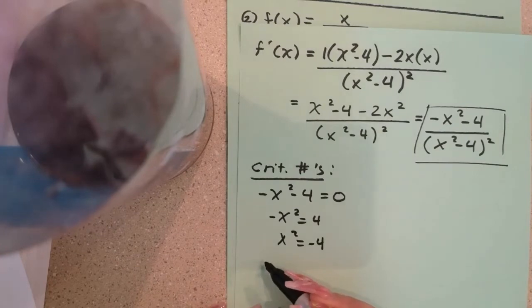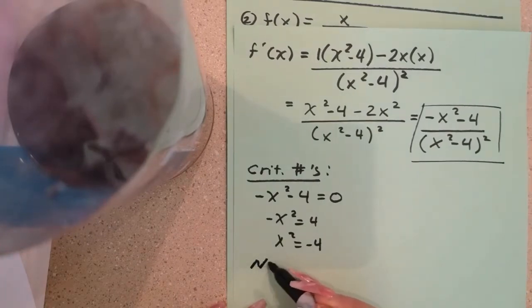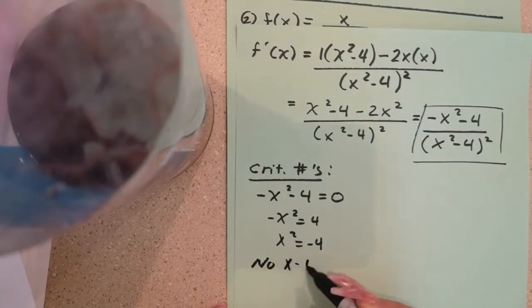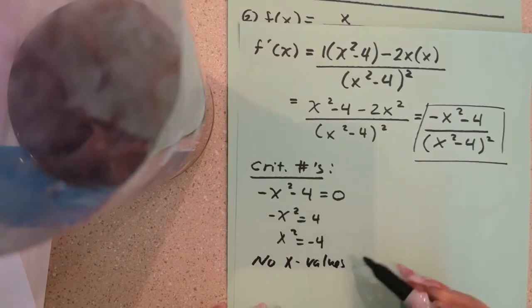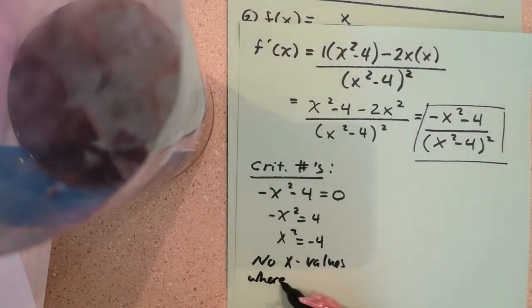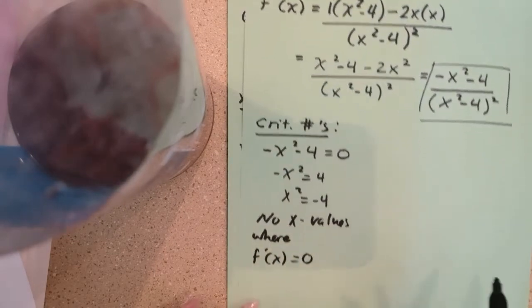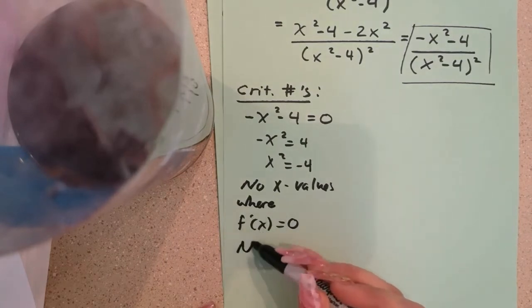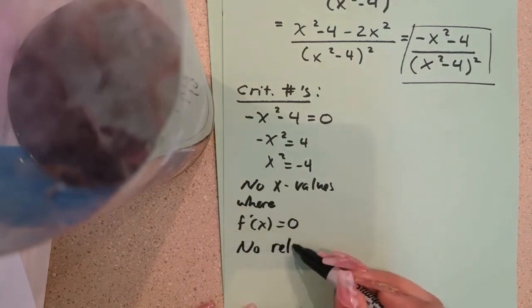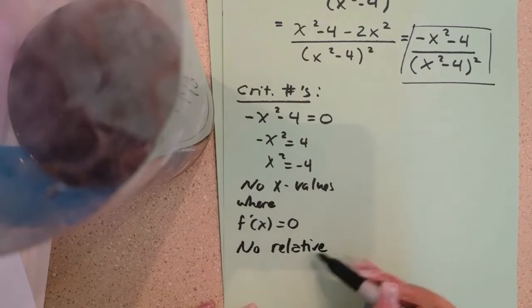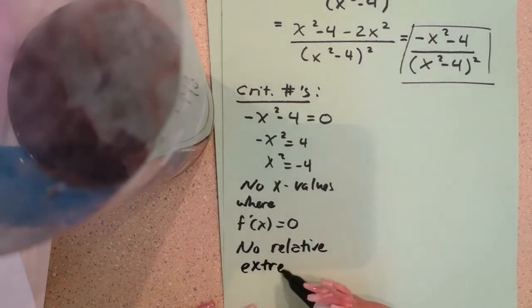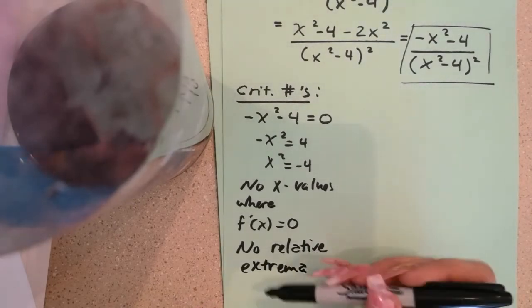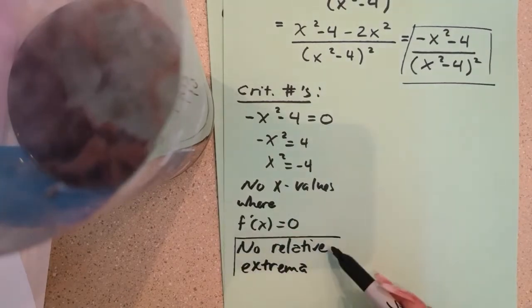Oh, okay, so actually there are no x values where f prime of x is 0. So if there are no x values where the first derivative is 0, I know there are no relative extrema, no maxes or mins, right? Because those are places where the slope of the tangent line is 0.